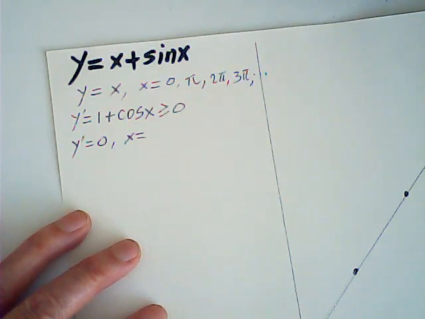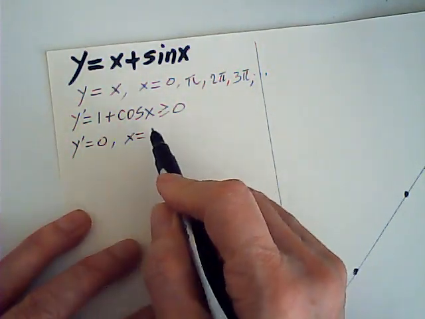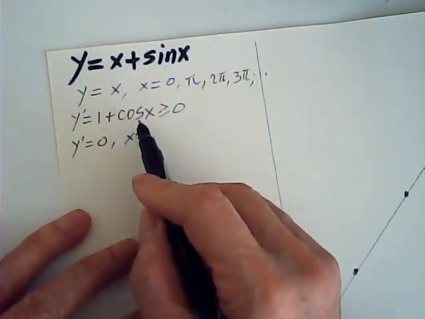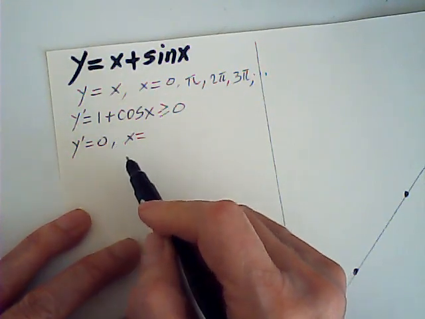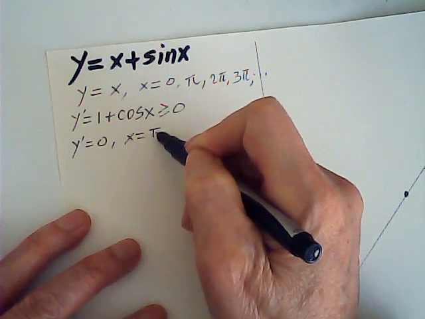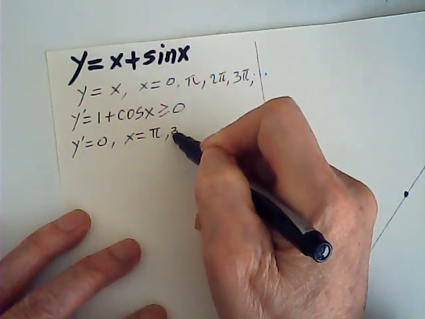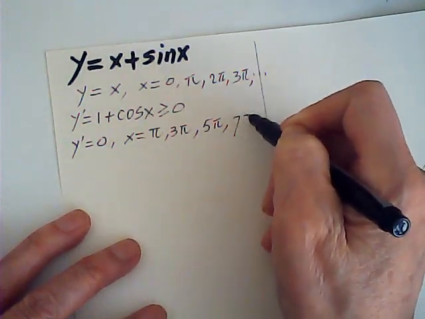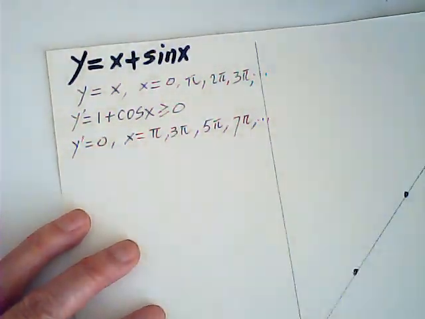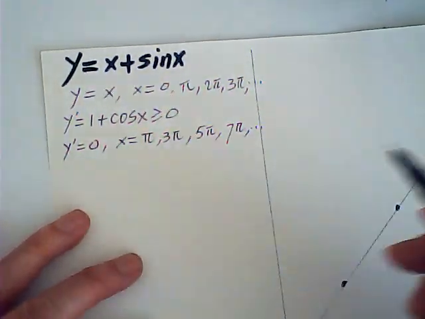So cosine x is equal to negative 1, so x will be equal to pi, 3 pi, 5 pi, 7 pi, and so on. Now we discuss the positive side first.